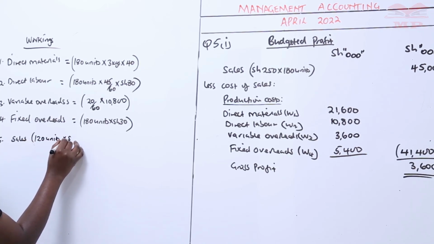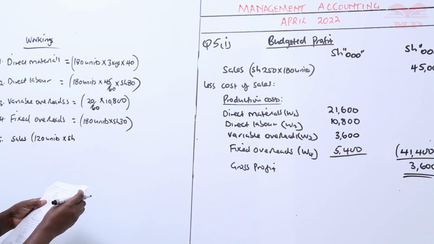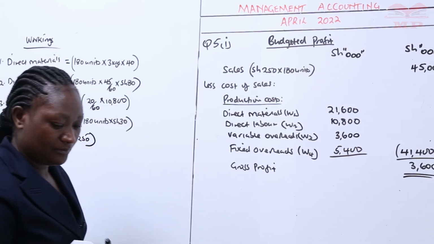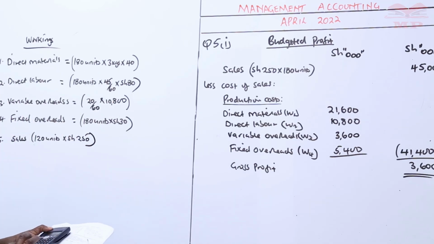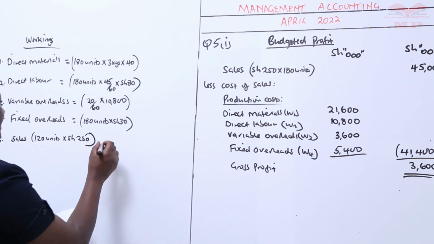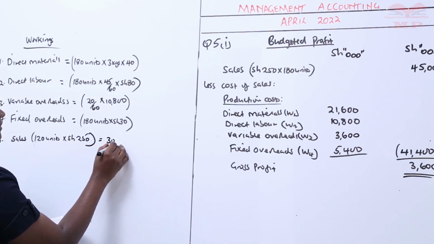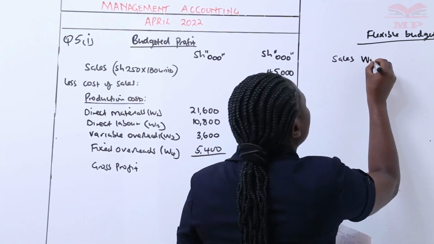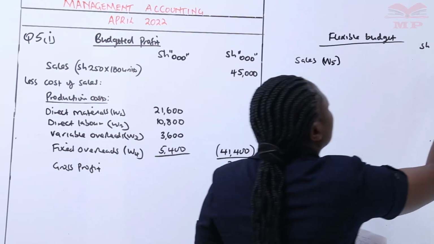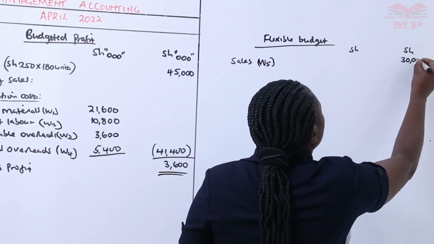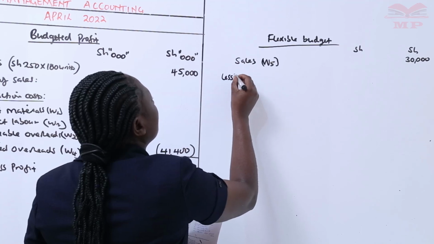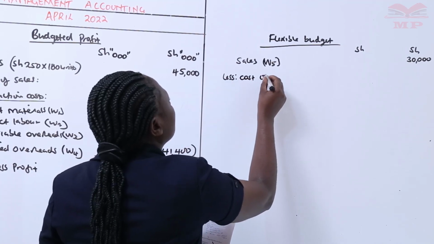We multiply by the standard sale price of 250. This will give us 30,000. So our sales, which is working number 5, is 30,000. Then we deduct the cost of sales.